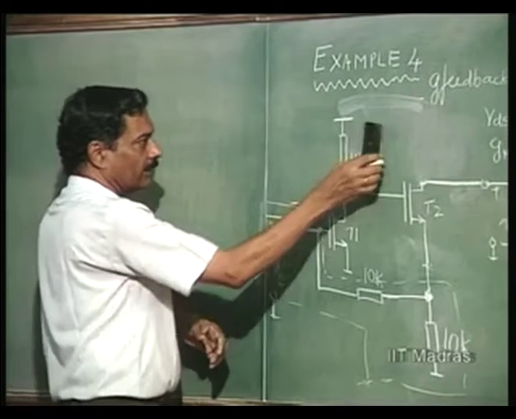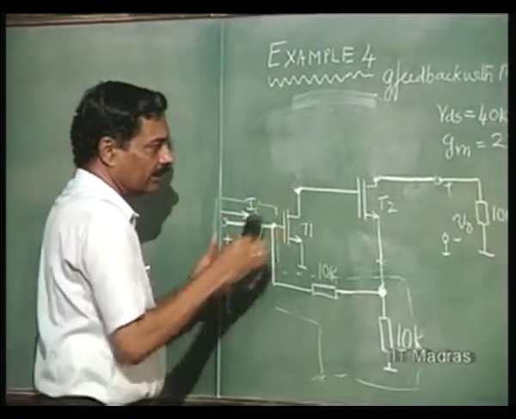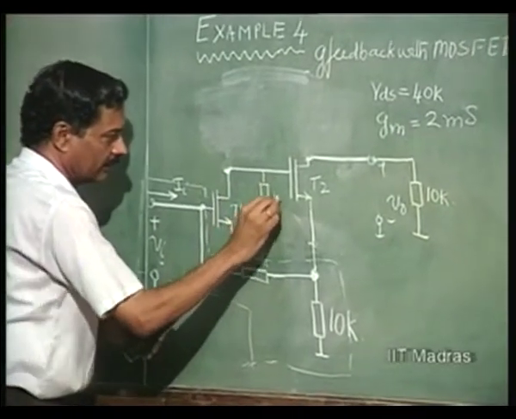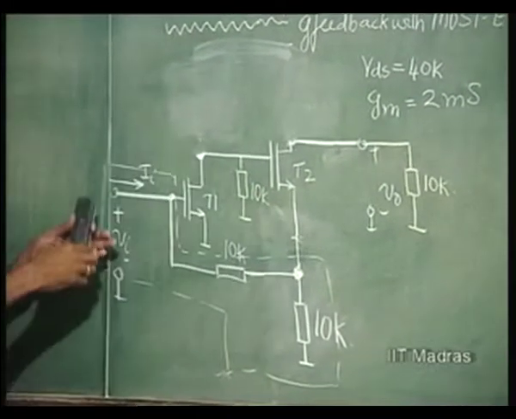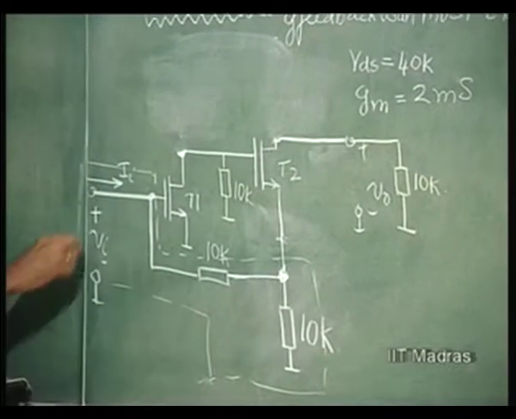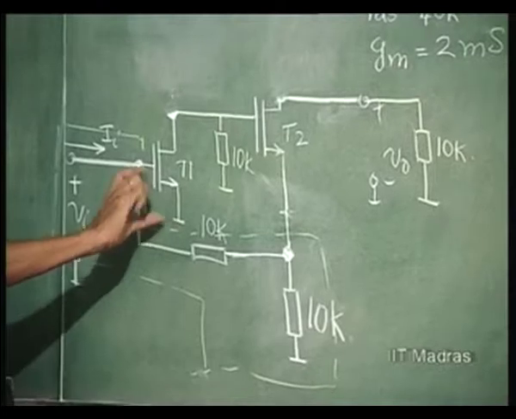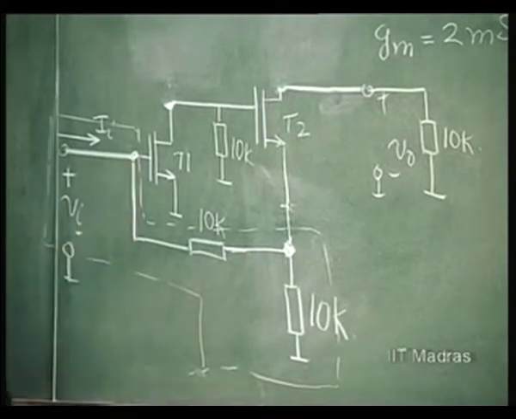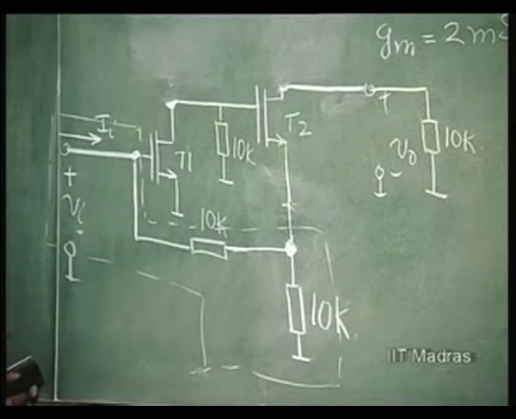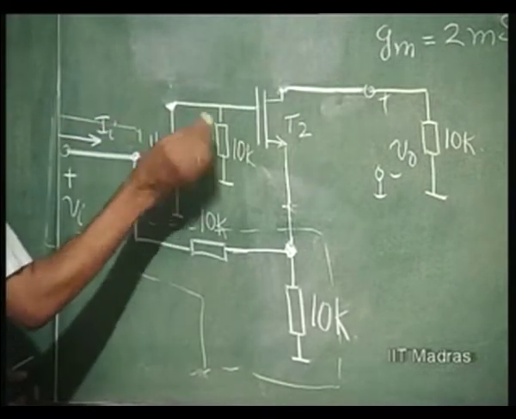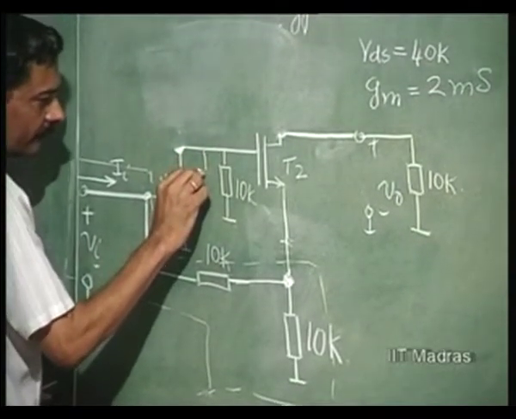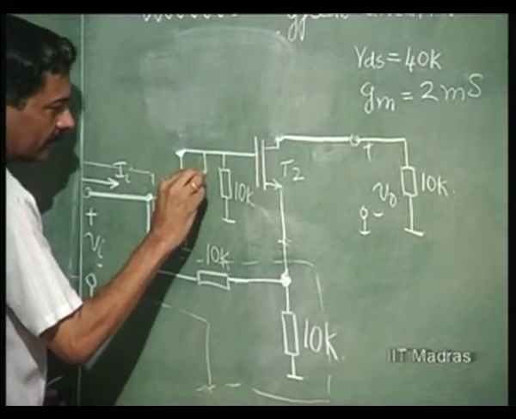This 10K also is nothing but a 10K connected like this. The same thing can be depicted as being connected like this. So, this is simple enough. Now, we have Vi applied to this. This Vi is same as this. So, we have here Gm times Vi, and if RDS is 40K, we will put RDS also here in the equivalent.